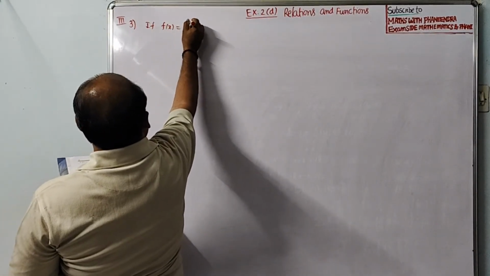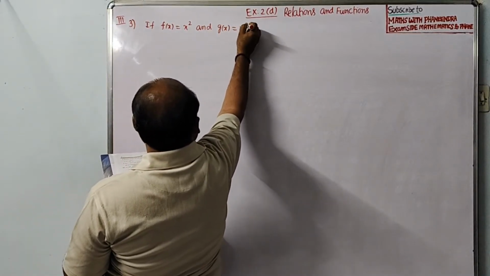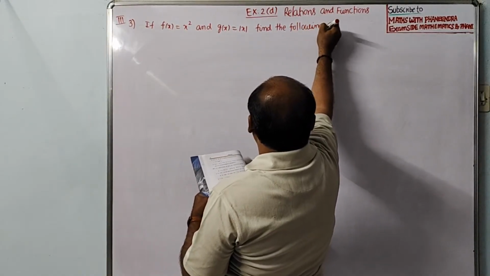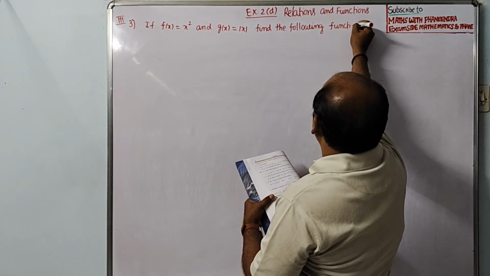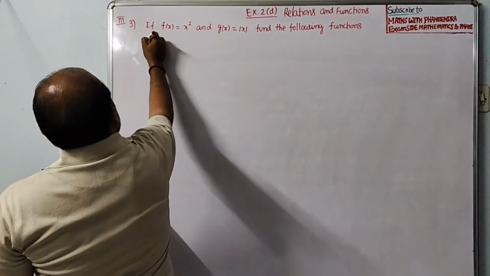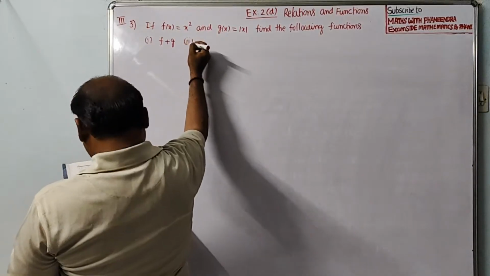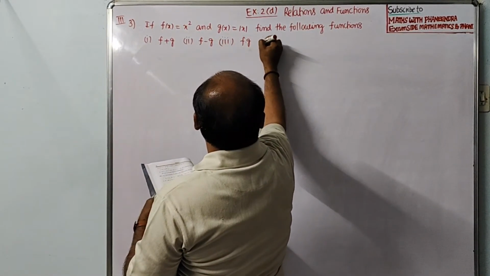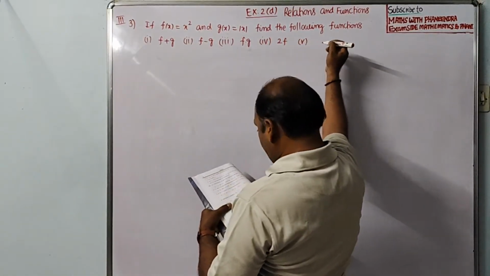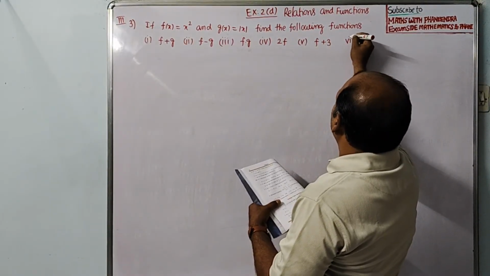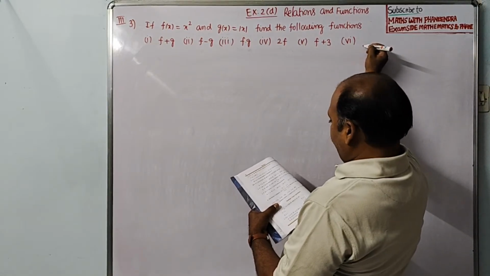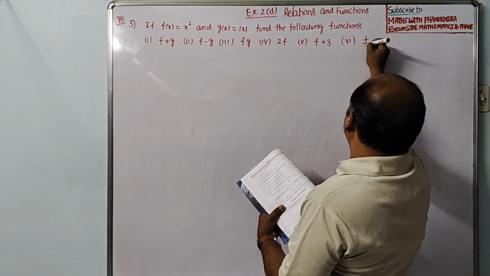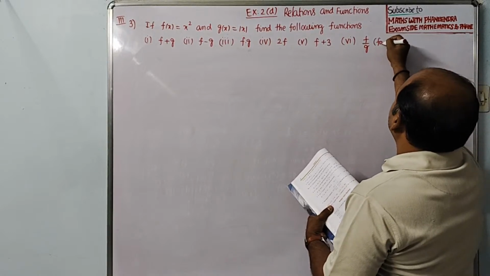If f of x is equal to x squared and g of x is equal to mod x, find the following functions: f plus g, f minus g, f into g, 2f, f plus 3, f by g for x not equal to 0.